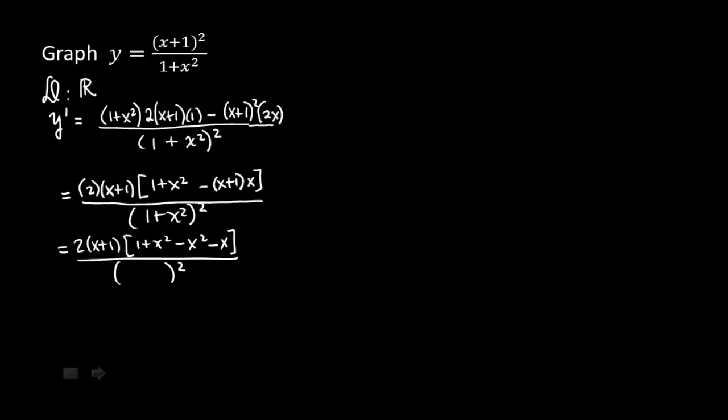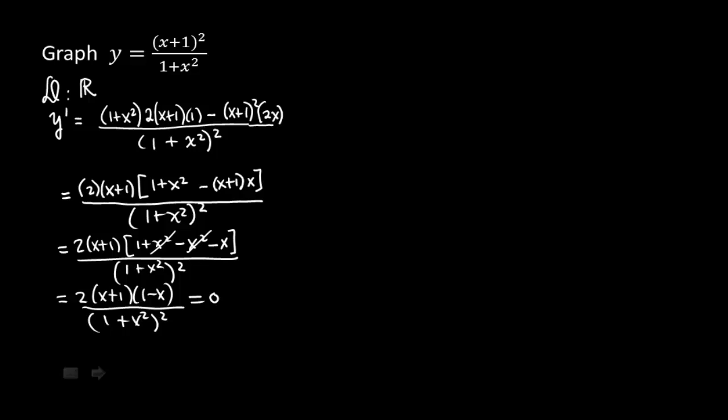This gets cancelled out because they're opposite signs, so we're left with 2 times x plus 1 times 1 minus x over 1 plus x squared, whole thing squared. Now when we set this equal to 0, we see that at x equal to negative 1 and at x equal to 1, we have our critical numbers.